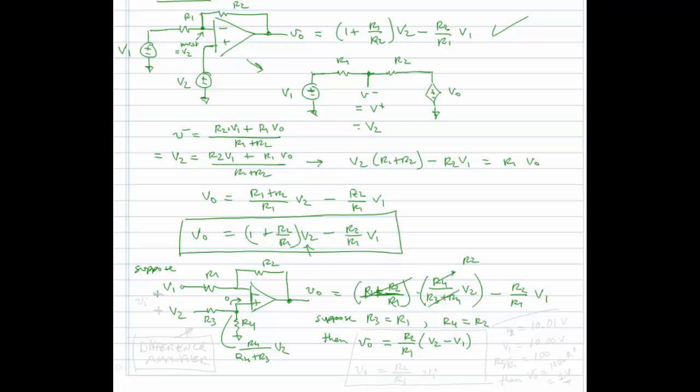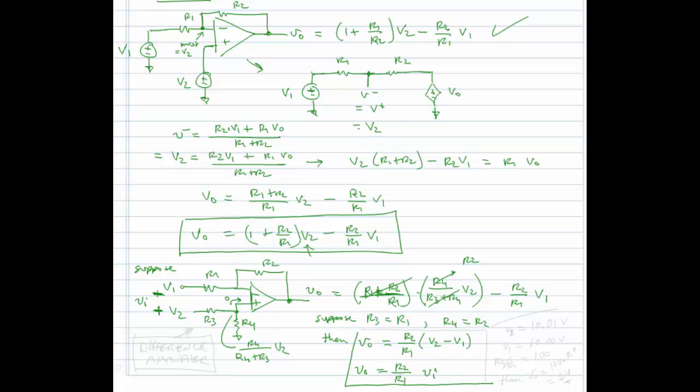And this voltage here, this input, I'll call VI. And VO is now equal to R2 over R1 times VI.